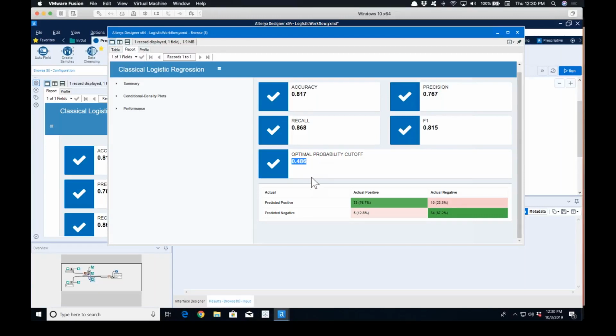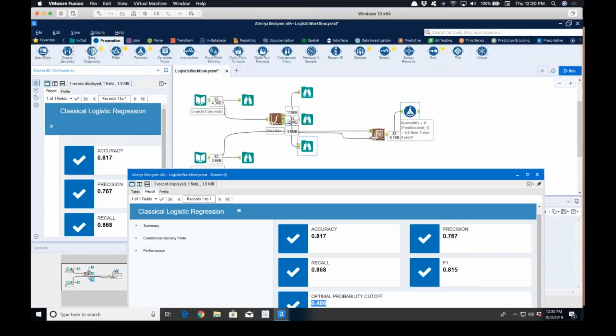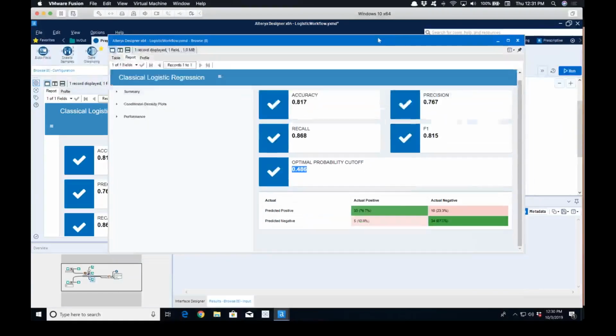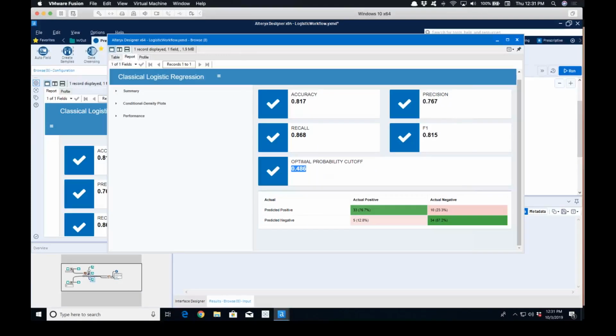What Alteryx is doing is telling you the place at which it is making the decision for you about when someone is scored as a 1 and when someone is scored as a 0. Again, we're getting into statistical theory here, but in this case it makes sense for the cutoff for someone being a 1 to be at a probability of 0.486. Whereas when I was making this thing down here, I was putting it at 0.5. What Alteryx is telling you is that it should probably be about 0.486.